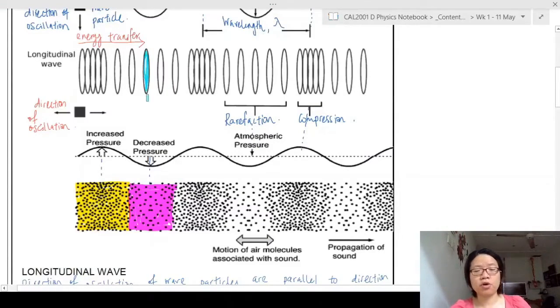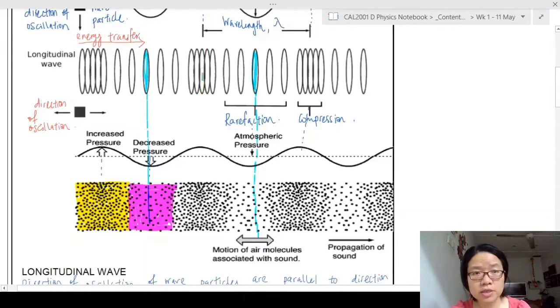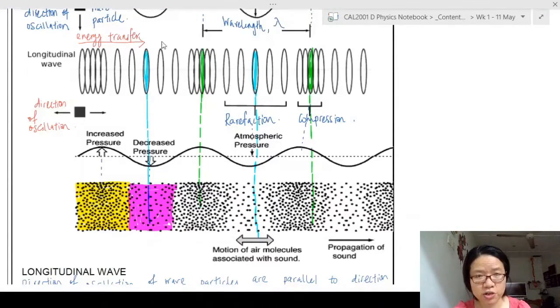So we'll take the midpoint from decreased pressure here to the subsequent one, the closest one nearby. So the distance between these two, rarefaction and rarefaction, is lambda. Compression and compression is also lambda. All right, so past me will now label them for you on your diagram.